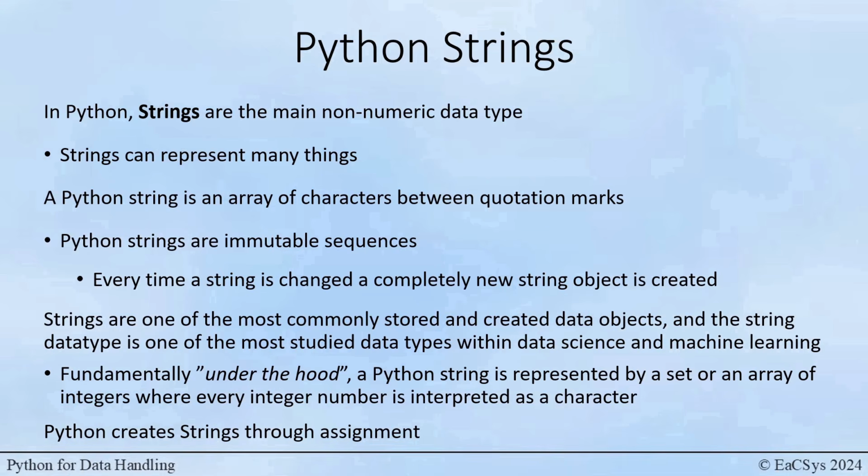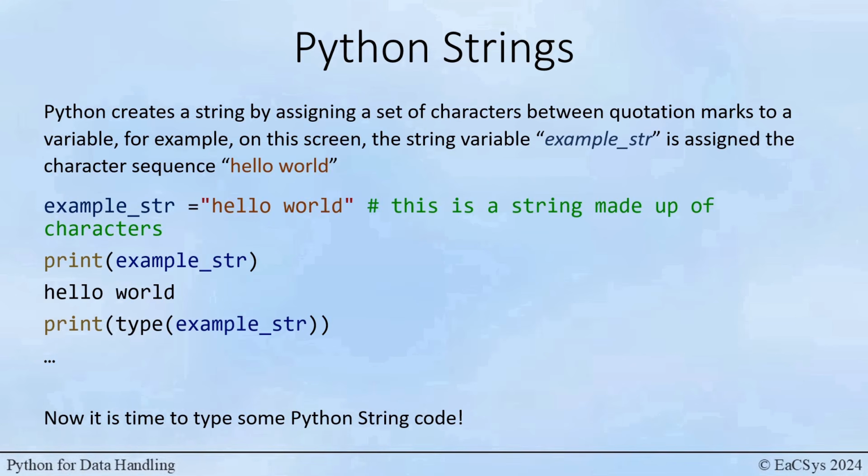So let's take a look at how Python creates strings through assignment. We'll show you this in a simple fashion with an example on your screen where a string is created. We will simply call the string example string, and the string will be created through assignment by using the sign of equality and the set of characters "hello world" between two quotation marks.